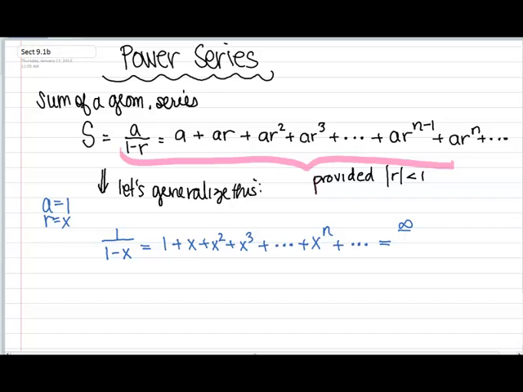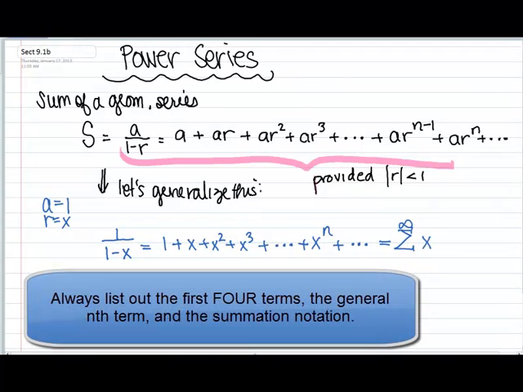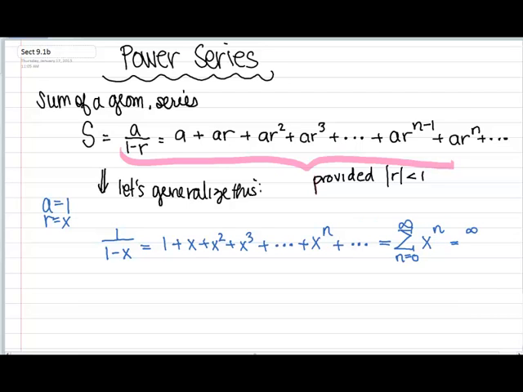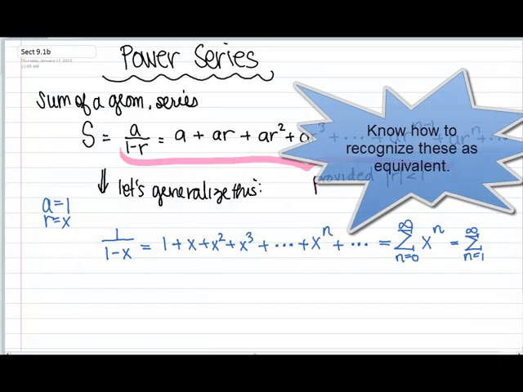I'm going to write this out with summation notation. What would that look like? If I use x to the nth power as my general nth term, like I have over here. Now, if you wanted to use n equals 1 as your beginning subscript here, you should know that this would have to be x to the n minus 1 power.